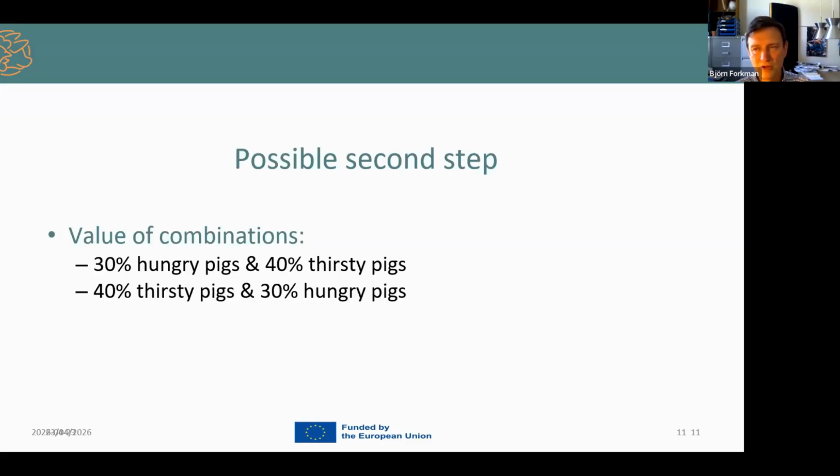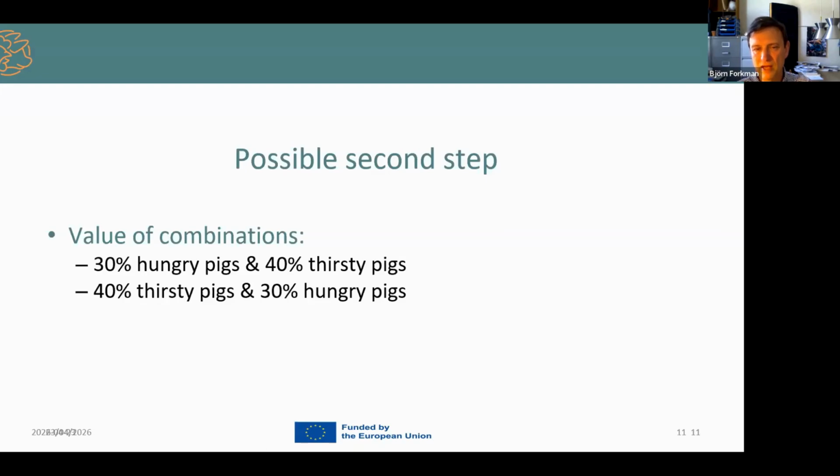Now, the value you're going to give will depend on how you have assessed hunger and thirst, how bad it is to be hungry or thirsty, according to the definitions you're given. But you could also imagine saying, hey, say that thirst is worse than hunger.